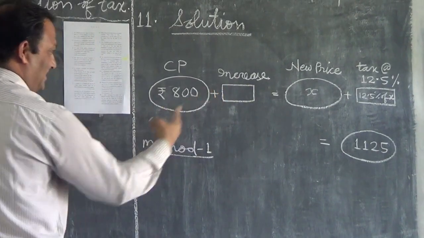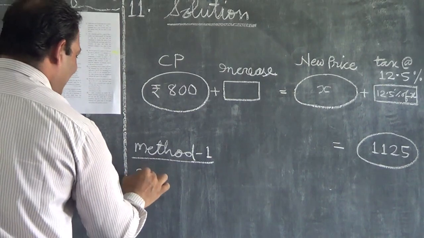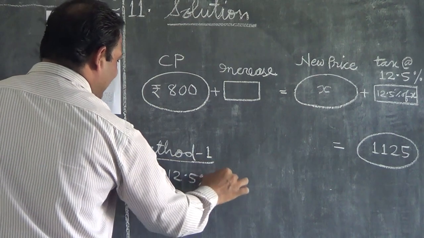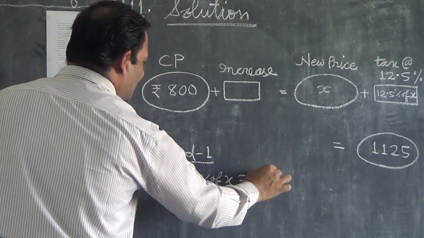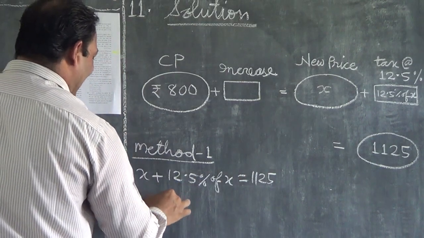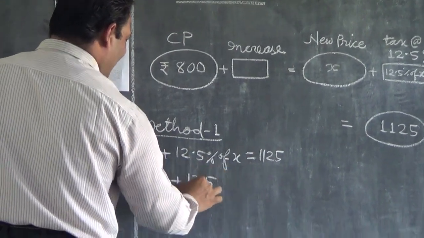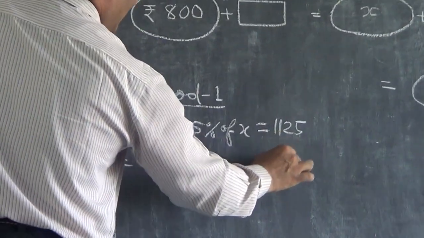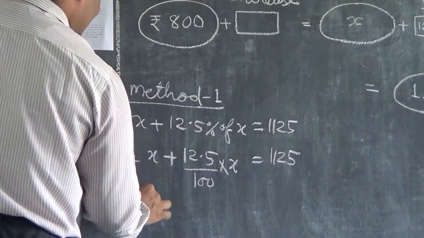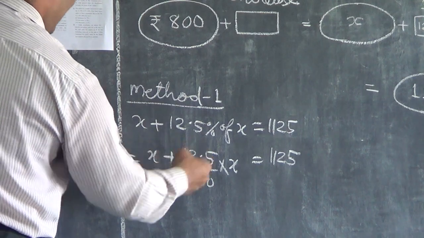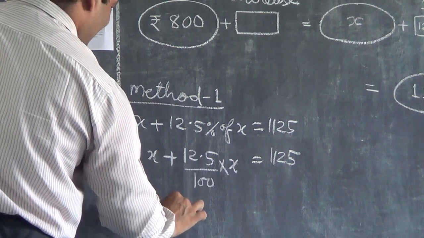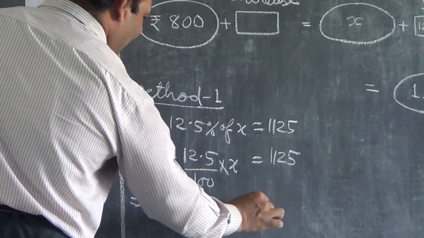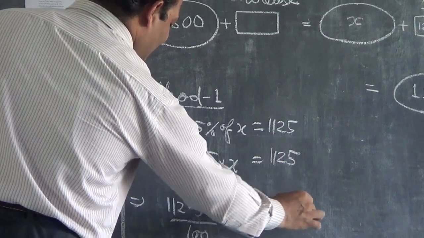By seeing the model, I am writing x plus 12.5% of x equals 1125. Then x plus 12.5 divided by 100 into x equals 1125. That implies 100x plus 12.5x, that is 112.5x by 100, equals 1125.